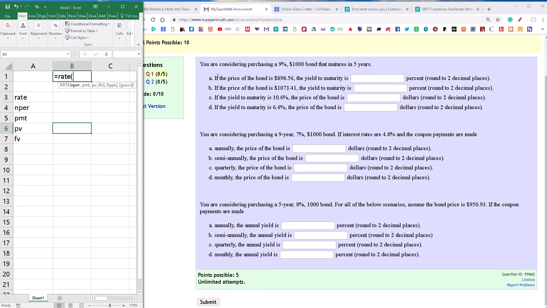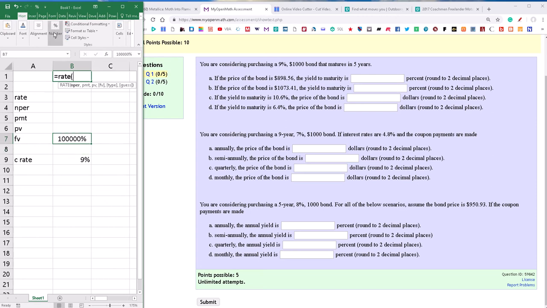Okay, so in our first problem here, the situation is that you are considering purchasing a 9% $1,000 bond. So the coupon rate is 9%. So let's put down here, coupon rate is 9%. The face value is $1,000.